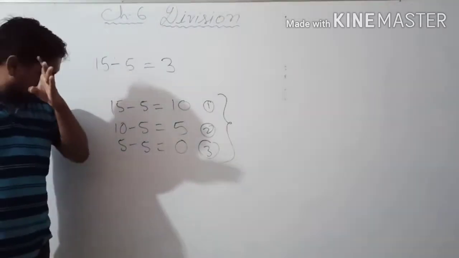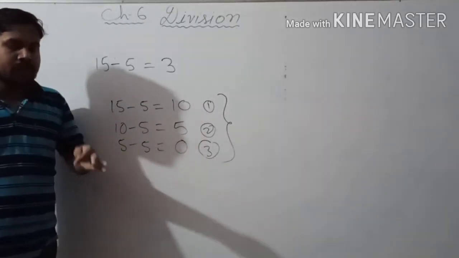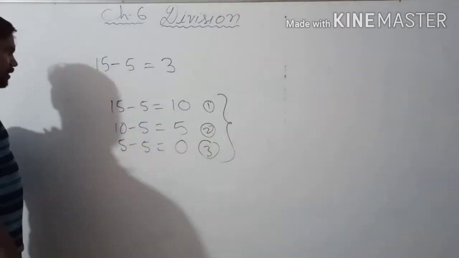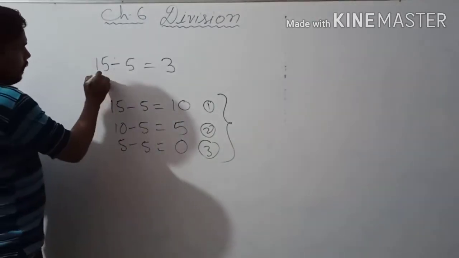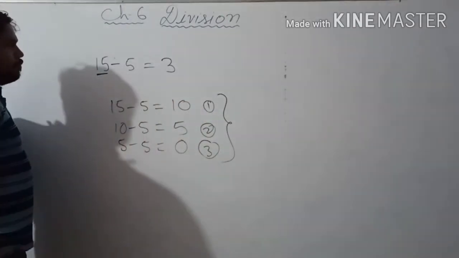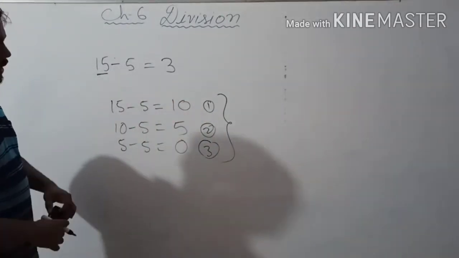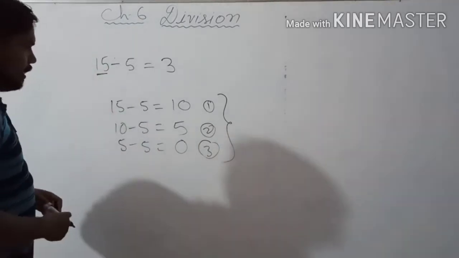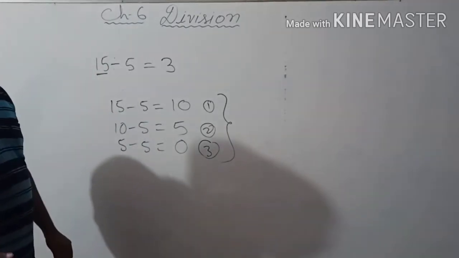Now you have to understand some terms related to division. Basically, here you will learn about three terms. The number, the greater number to which you want to divide, जिसको भाग करना है, वो सबसे पहले हमारा आता है जिसको बोला जाता है डिविडेंड.